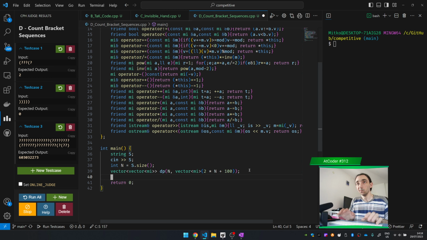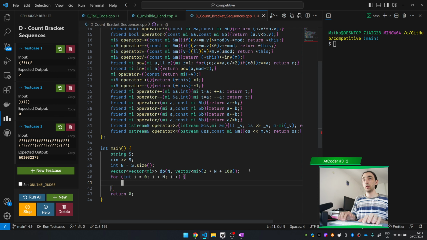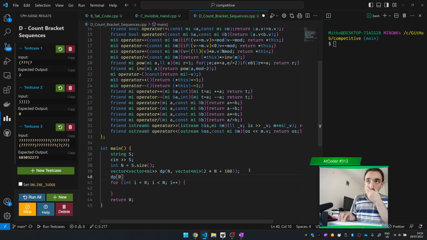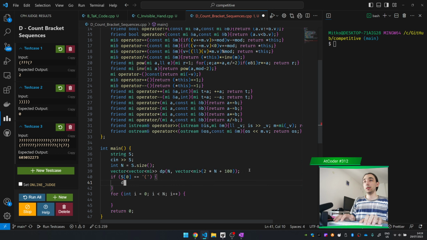So I need to go over all of these. Say first that dp of 0 of balance, so let's say like this. If s of 0 is an opening bracket, then dp of 0 balance 1 is one possible thing, right?